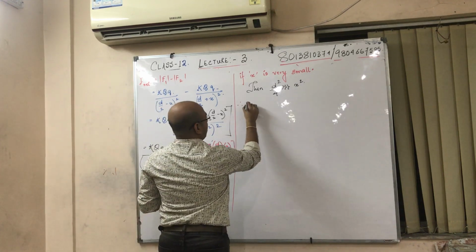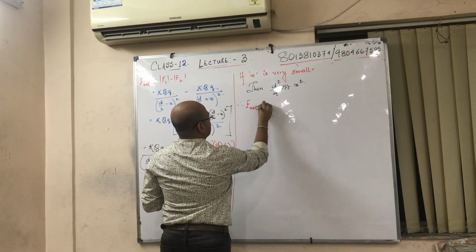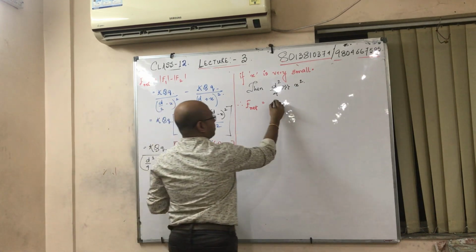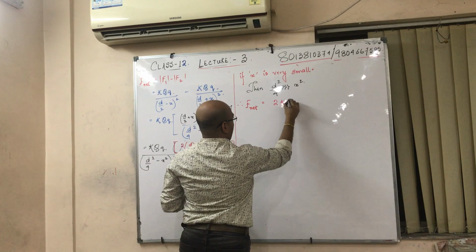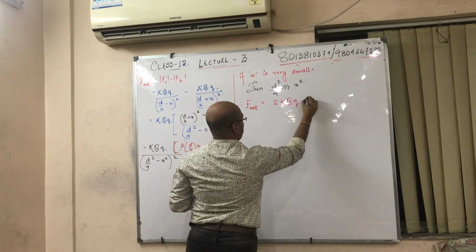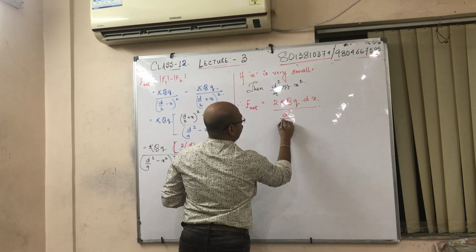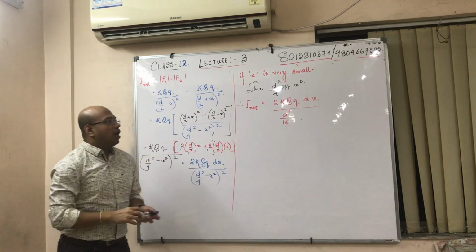So F net has a new expression: 2K big Q small q d into x by d to the power 4 by 16.